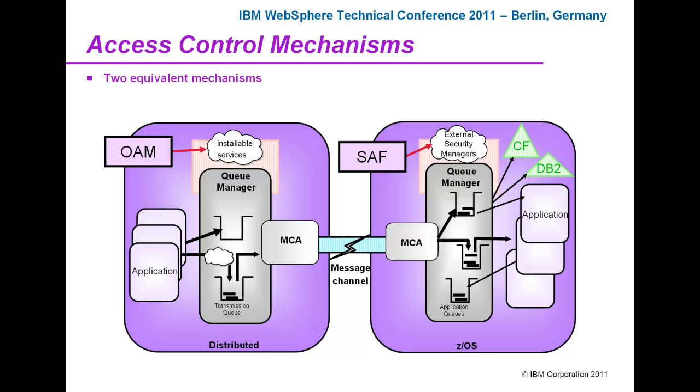Both of them provide the concept of profiles and accesses to those profiles to control operations that you do on MQ resources. Those operations may be administrative operations, such as creation and deletion of queues and topics and channels and so forth, or they may be applications working with those objects, opening a queue to put messages to it, to get messages from it, inquiring objects, that kind of thing.